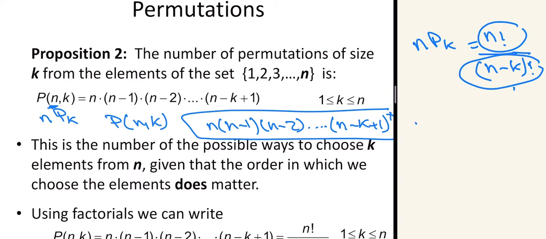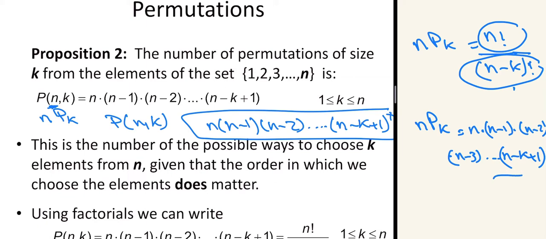But in some cases they say nPk, the same thing, equals n times n minus 1 times n minus 2 times n minus 3, and so on until we reach n minus k plus 1. Let us try this on the previous example so we have a better understanding.